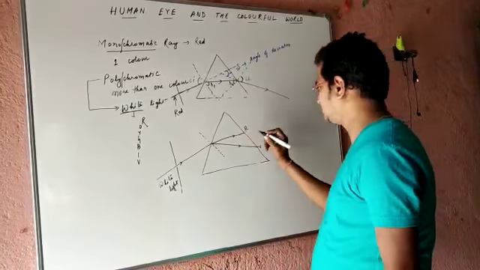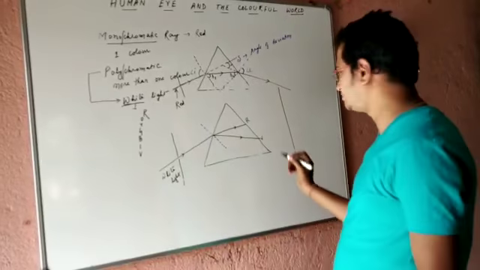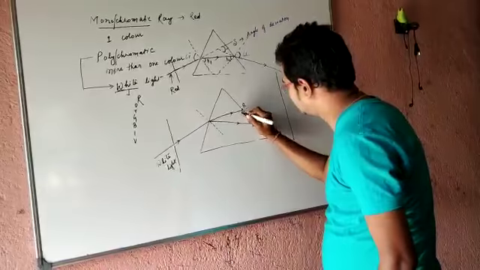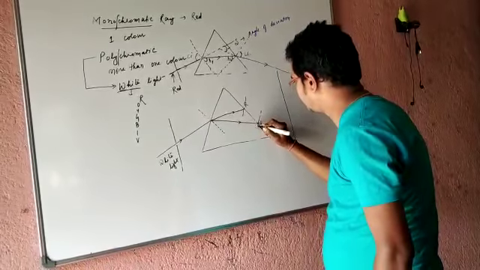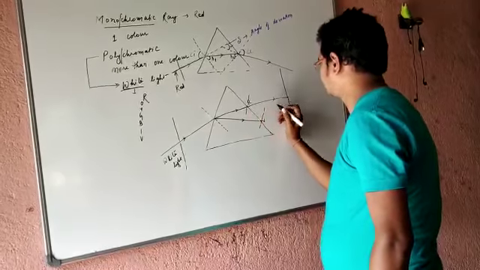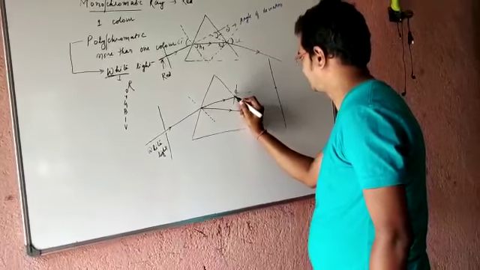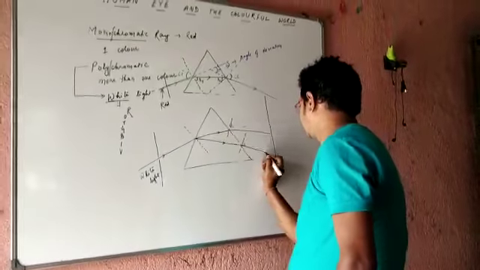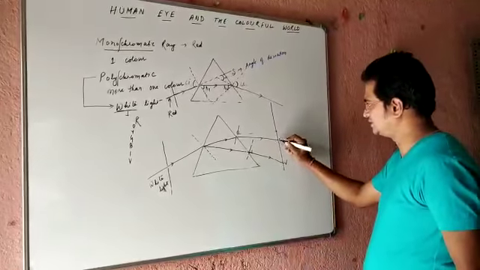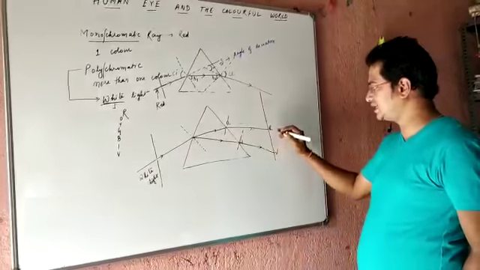Now when it passes from rarer to denser, if we draw the normal here, and here also we draw the normal, it bends away from the normal. So this is violet, this is red. In between we are getting all the other colors that I am not showing.